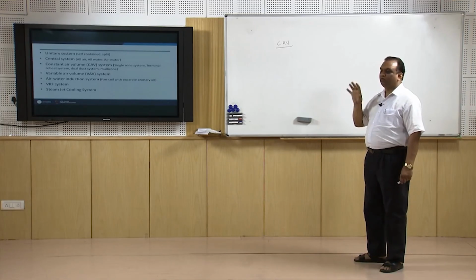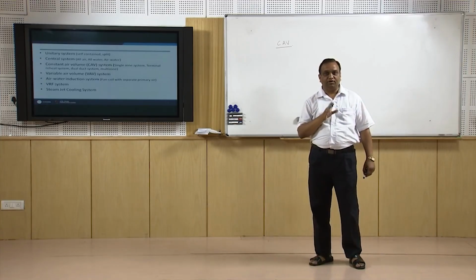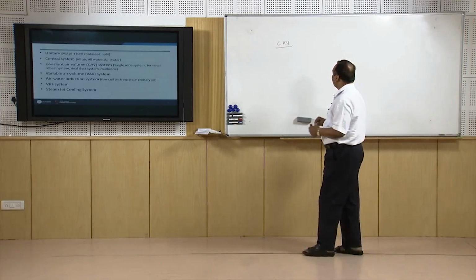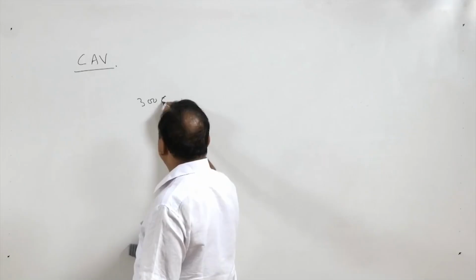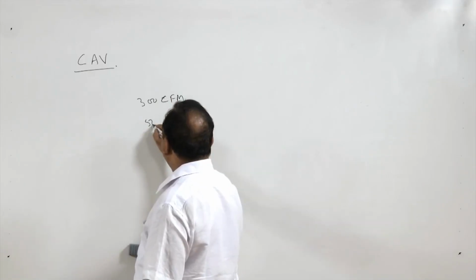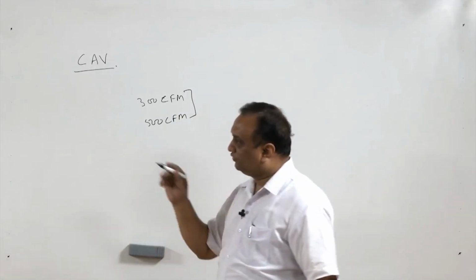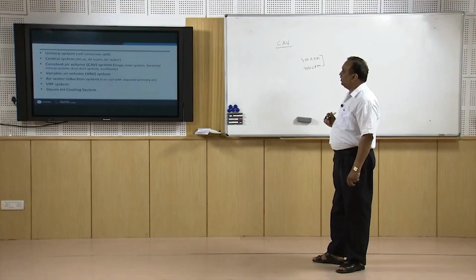So, the flow in the room is constant. If you look at the data sheet of any split AC or a window type AC, the flow rate is fixed, maybe 300 CFM or 500 CFM, whatever the flow rate is fixed. So, that is why they are called constant volume system.